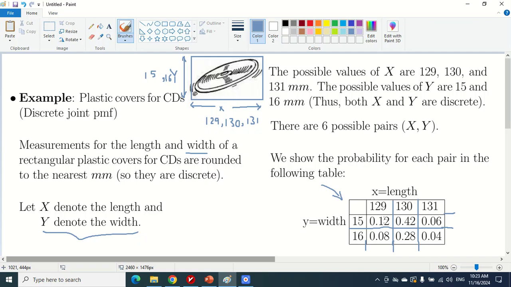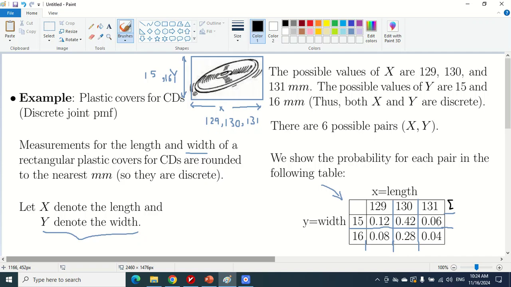The dimension of 130 times 15 is 0.42, the second value over here, and so on, meaning that all the values are given in this case. If I just calculate one row or column of this table, then I can find the other distribution. For instance, over here, if I put the summation here, then the summation can be considered, meaning 0.12 plus 0.42 plus 0.06.